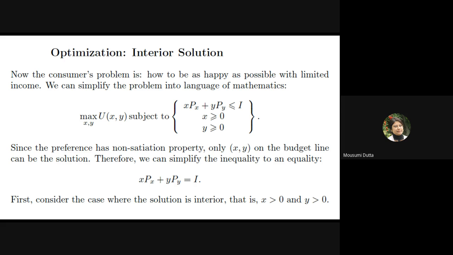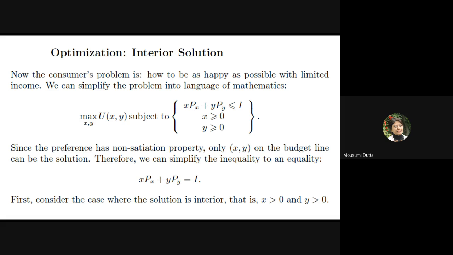X and Y are amounts of commodities, so the minimum possible amount is 0. X and Y cannot be negative.